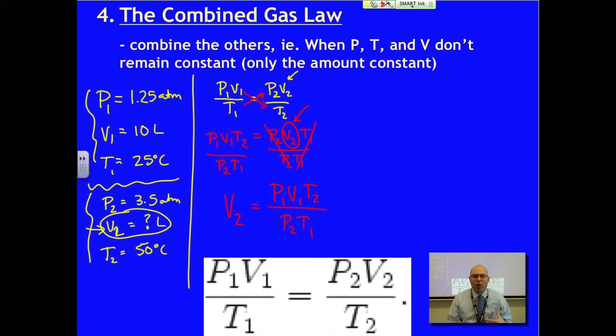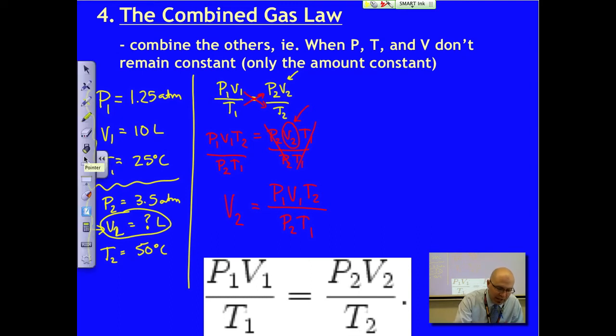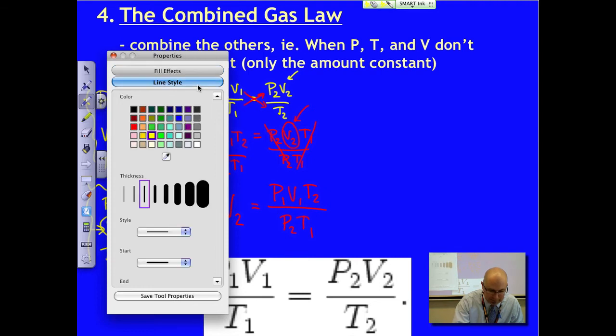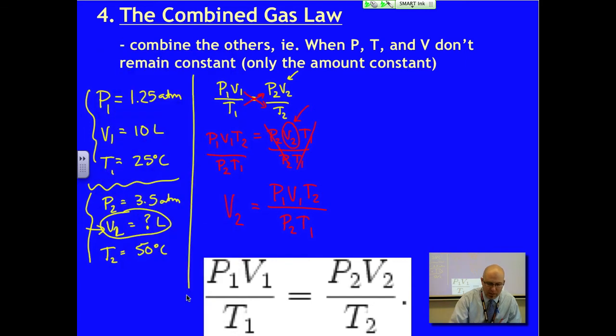Now let me grab another color that is easy to see on this background. Let's grab this green. Now that I have it all written, I can plug and chug. V2 equals, well, P1 is 1.25 atmospheres.